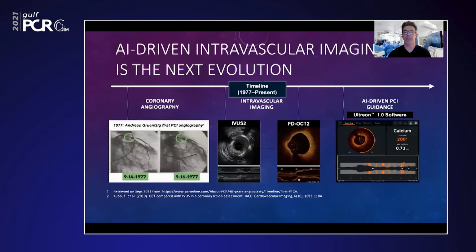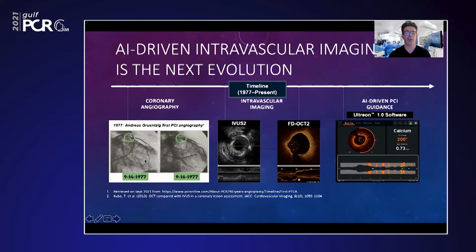So we're entering a new era within intravascular imaging, and in particular, the introduction of artificial intelligence, I believe, is the next evolution, or maybe even revolution, in how we're going to be approaching our interventional cases.